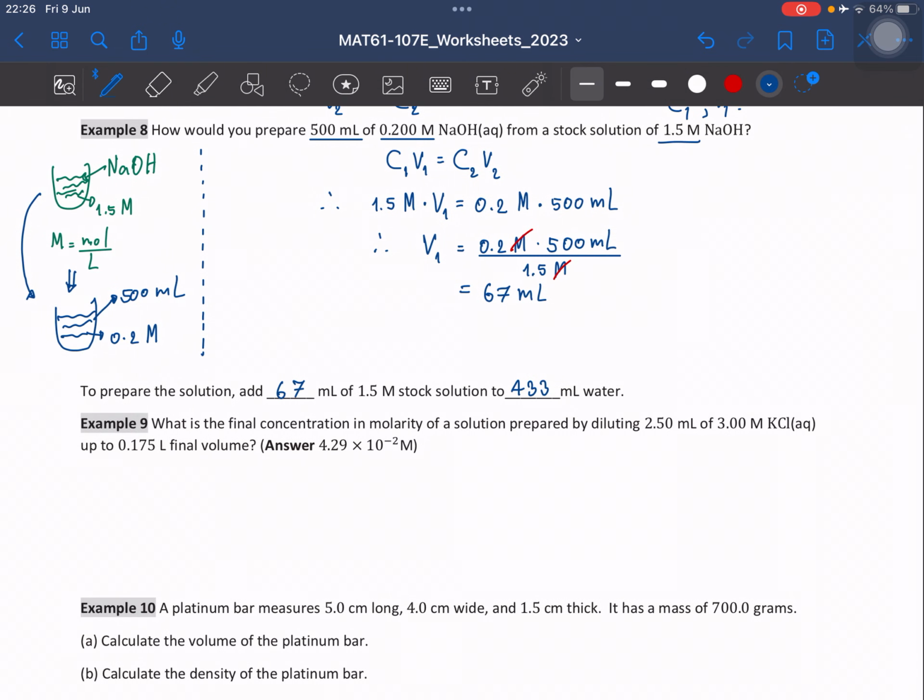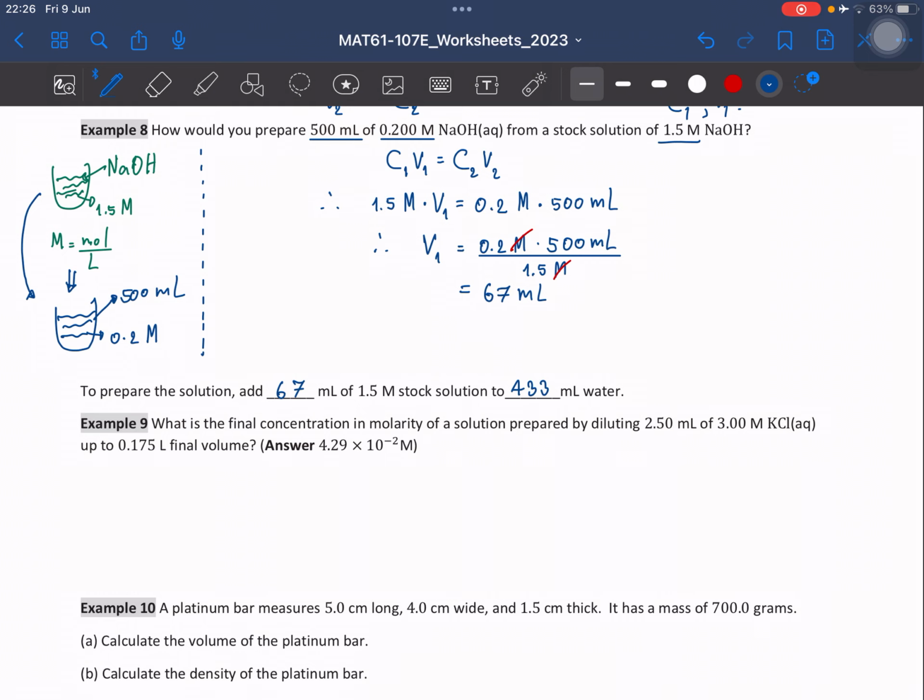Example 9: what is the final concentration in molarity of a solution prepared by diluting 2.5 milliliter of 3 molar up to 0.0175 liters?